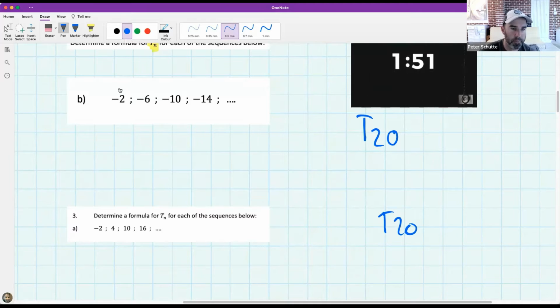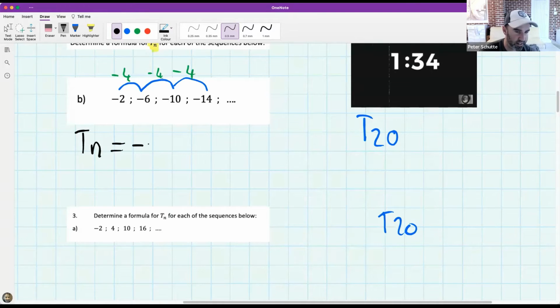So let's see. These are a little bit trickier though, huh? We must be careful because it looks to me like it's going down in 4s. And so when I build my formula, it's not going to be plus 4n, it's going to be negative 4n.